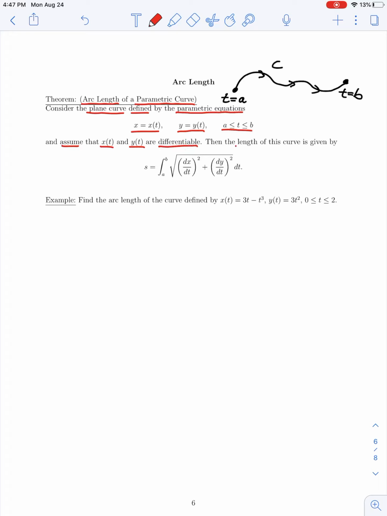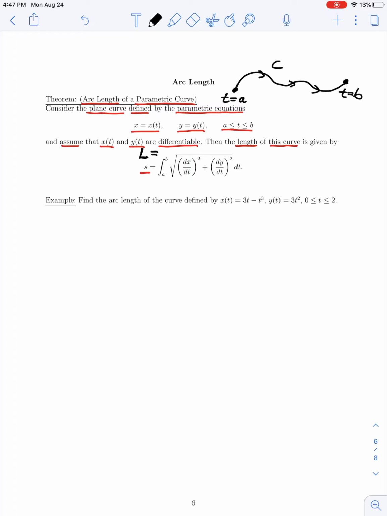So the arc length, or the length of this curve, is given by lowercase s, I believe is the notation used in your online textbook. In some other textbooks or homework problems, you might see arc length denoted as capital L instead of S. It's just a matter of personal preference what you want to use.